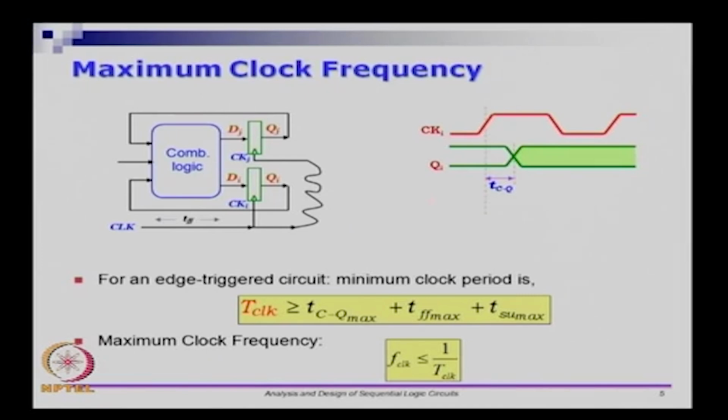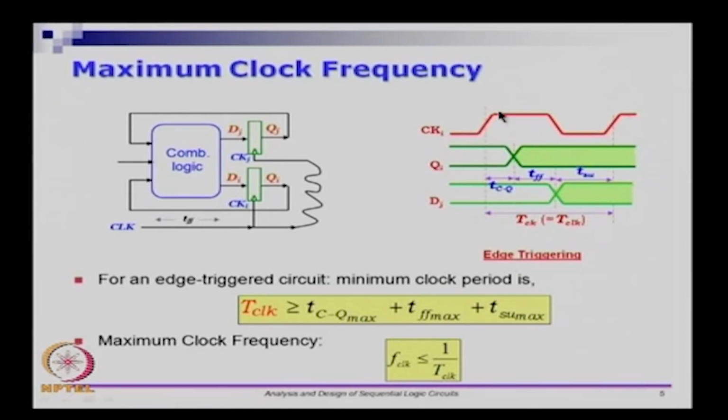So CKI, TCQ, TFF and TSU. CKI is here, so as soon as the clock comes, QI could change its value after TCQ units. After some flop to flop delay DJ changes, but before the next clock pulse comes. So this is the launching clock period and this is the landing clock.